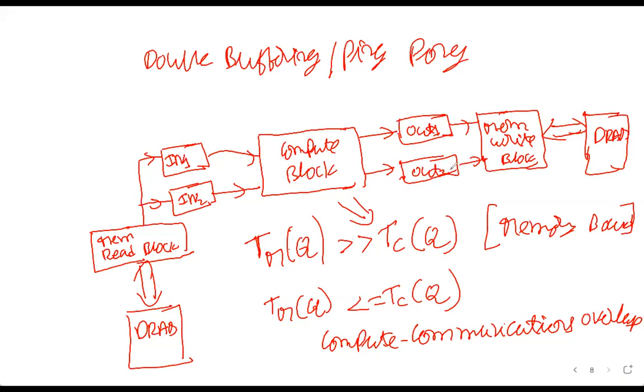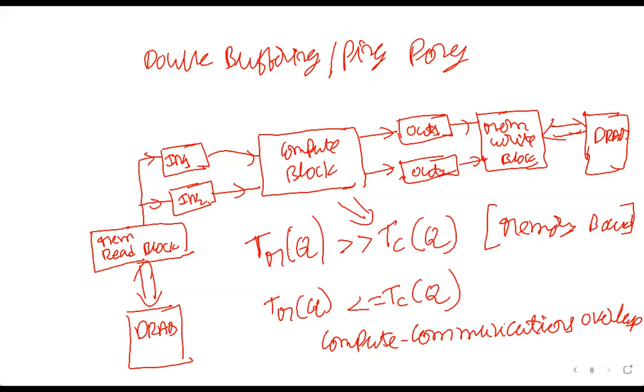And as it is writing to out2, out1 will be written by the mem write block to the DRAM. So again, double buffering is happening at the output side. This architectural approach is quite common to many problems that we solve. There is a double buffer at the input side and a double buffer at the output side.